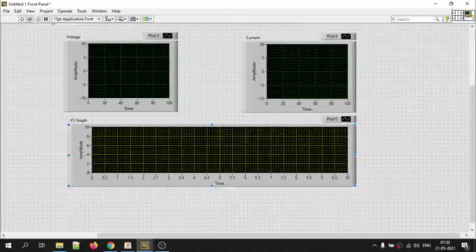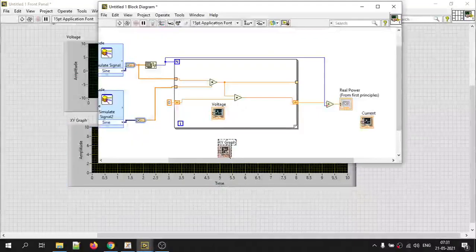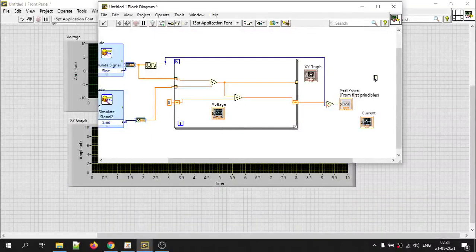from the data. Okay, so we need to manually create a timestamp, and that we need to give into the x-axis of the graph. By default, if you use a waveform graph, it will consider the array index as the x-axis if a timestamp is not available.